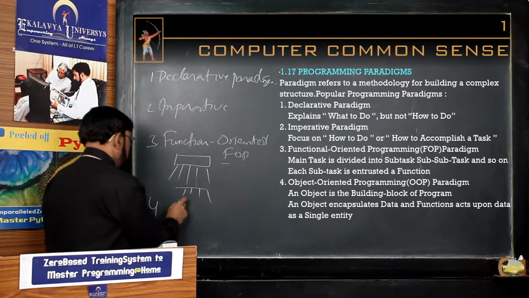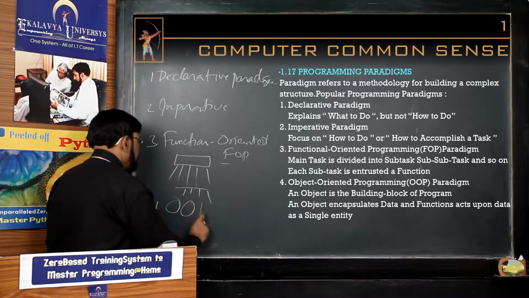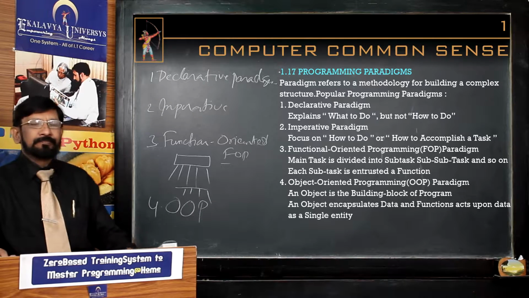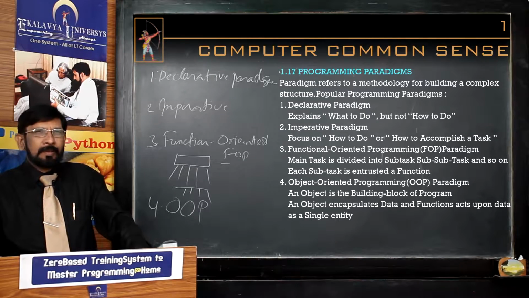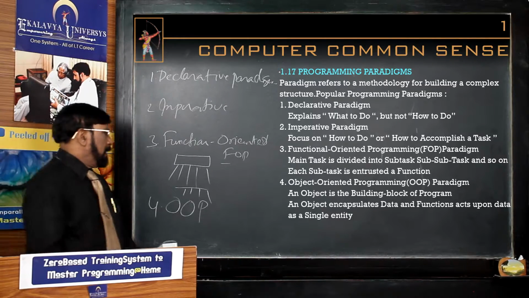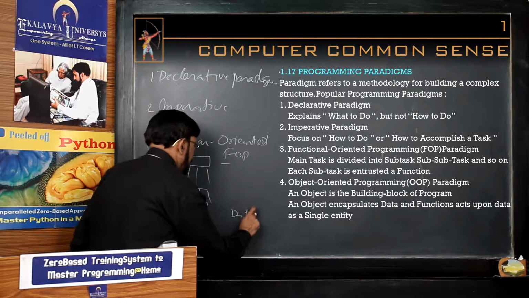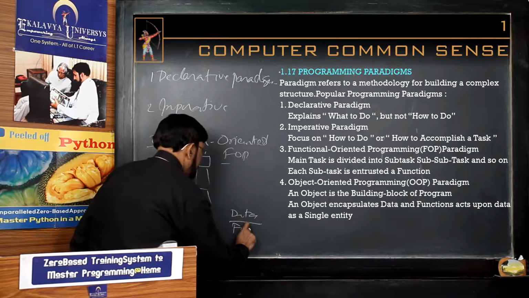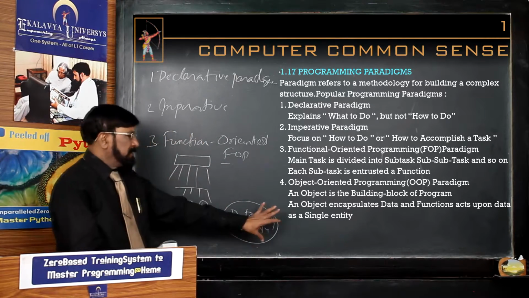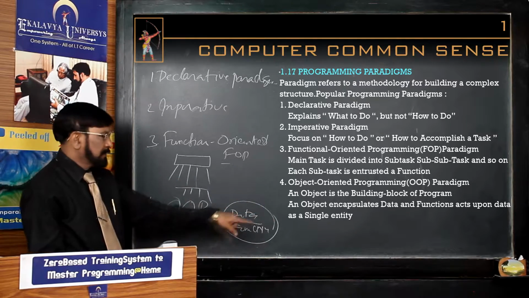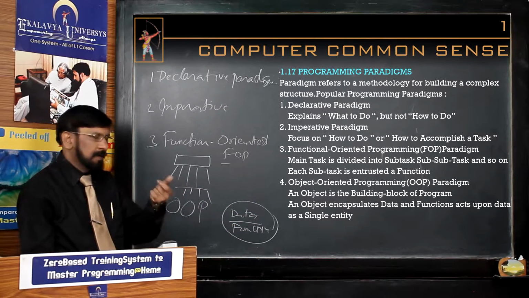The fourth one is OOP, the object oriented programming paradigm. In the object oriented programming paradigm, the specialty is that both the data and functions are encapsulated, meaning integrated as one unit, as a single identifiable entity.